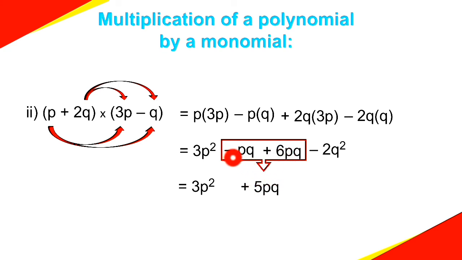In these two, what is the highest constant term? 6. What is the symbol for 6? Plus. That's why we got plus. Next one is minus 2q square. It can be written as 3p square plus 5pq minus 2q square.